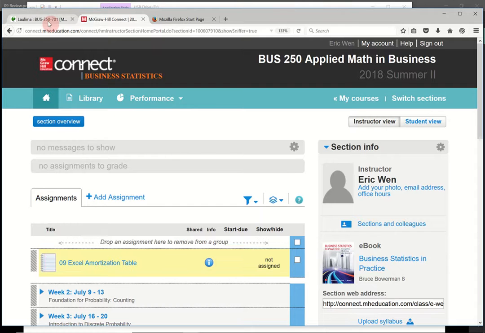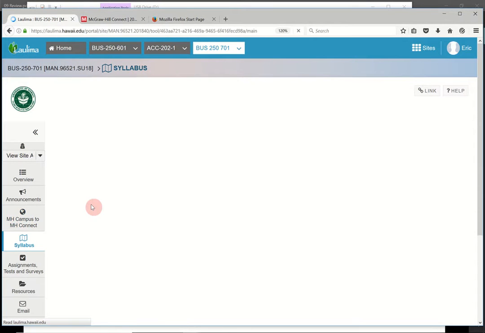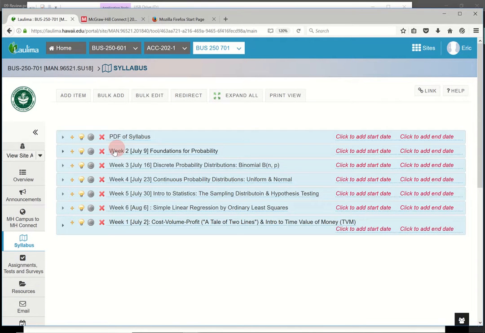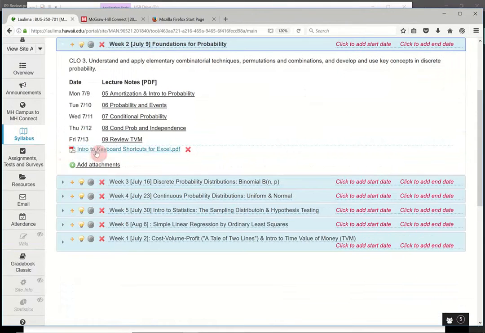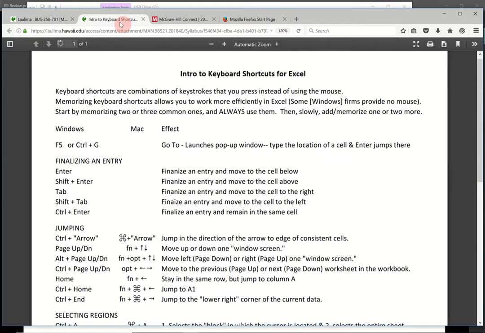Under syllabus for today, there's the usual PDF, but also underneath there's this intro to keyboard shortcuts for Excel. So you may want to have that one available too.